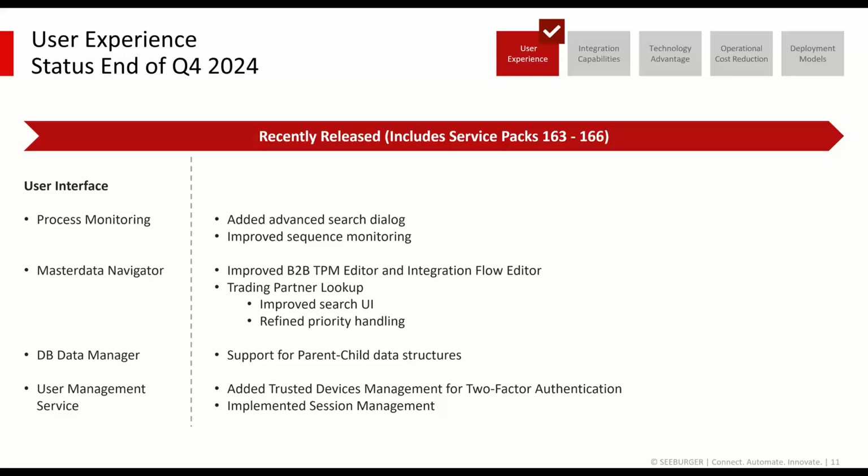We've made some enhancements in the master data navigator to more easily configure B2B and integration solution flows. Also enhanced the trading partner lookup to make it better for you to identify duplicates or define the priorities of different configurations.